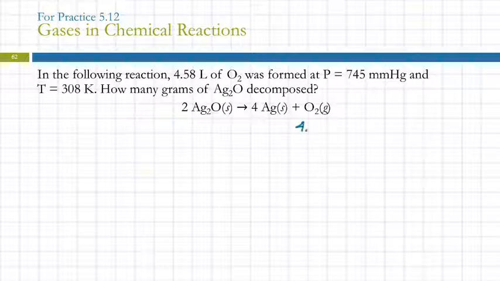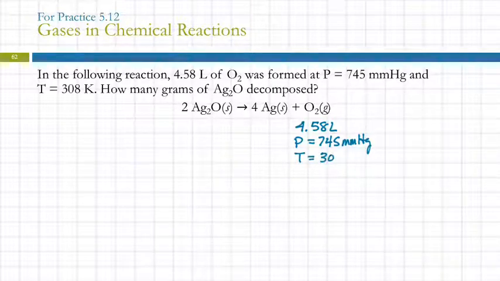So I'm told that there's 4.58 liters of oxygen, and the pressure is 745 millimeters of mercury, and the temperature is 308 Kelvin. Because if we want to know the moles, we need to specify the volume, the pressure, and the temperature. And the question then is, how many grams of the silver oxide decomposed to make that amount of oxygen? So our question mark, how many grams of that?